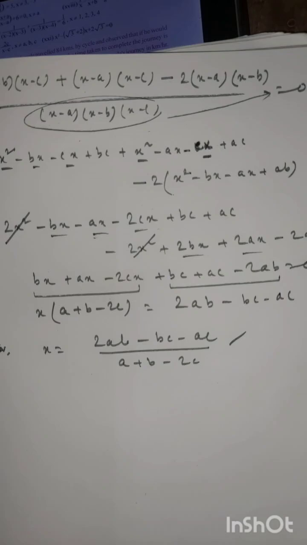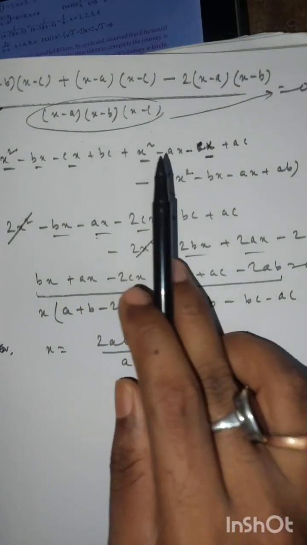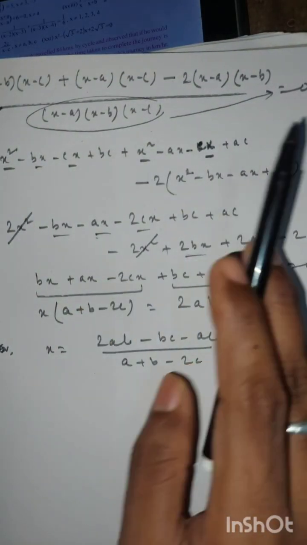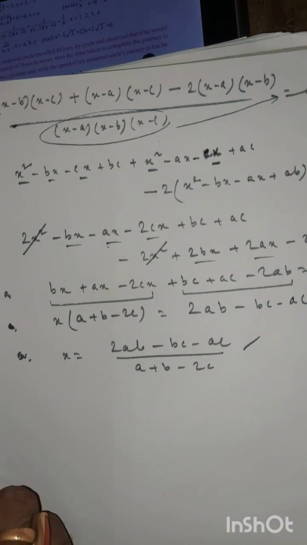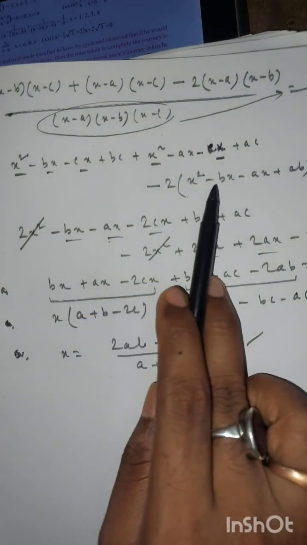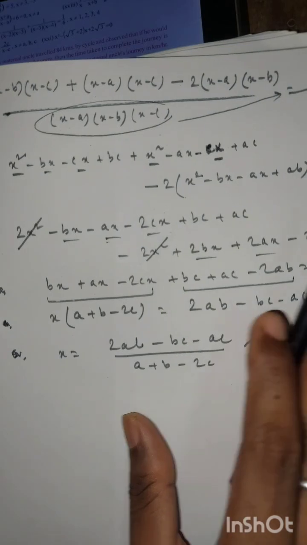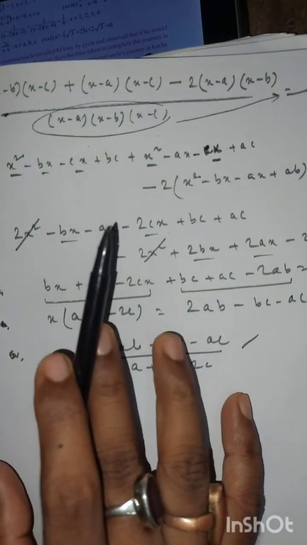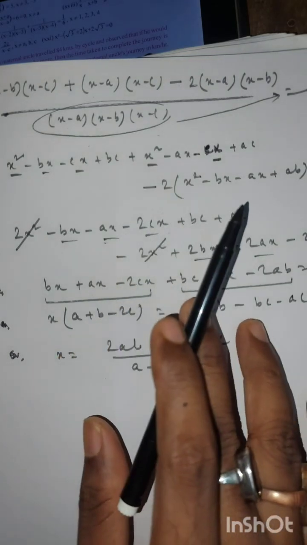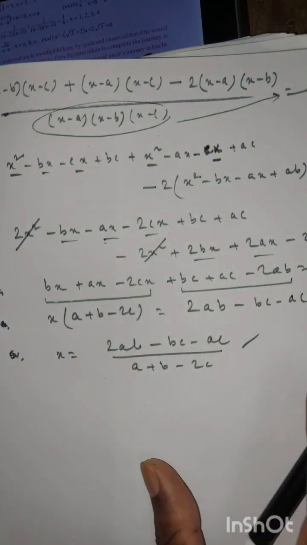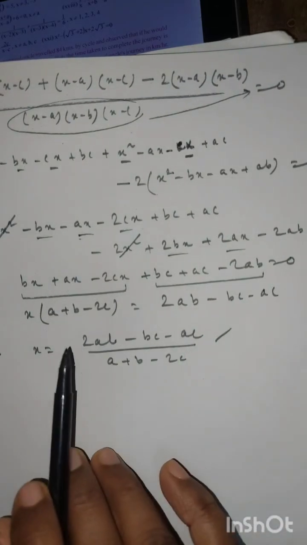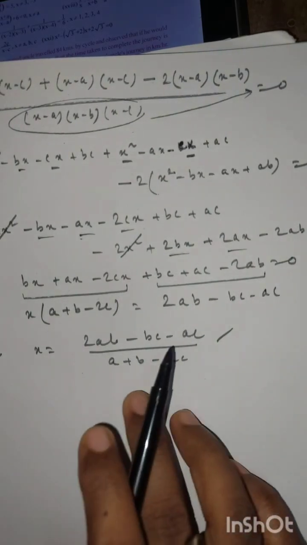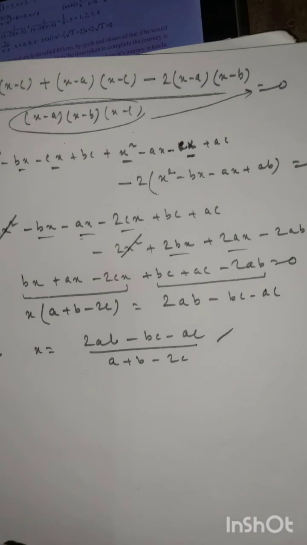If we take the denominator to the right side, it becomes 0, so we are only left with the numerator. So we are opening the brackets, and on simplifying, we are getting x equal to this. So this should be our answer. So x equal to 0 or this.